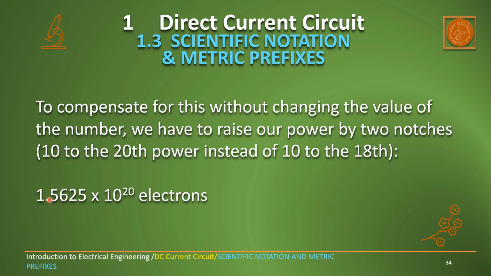So the number is 1.5625 times 10 to the 20th, because before it was 18, plus this 2. The decimal point moves 2 places to the left, so the number is reduced 100 times. So in the power, we have to increase 100 times. So the power number 18 changes to 20.